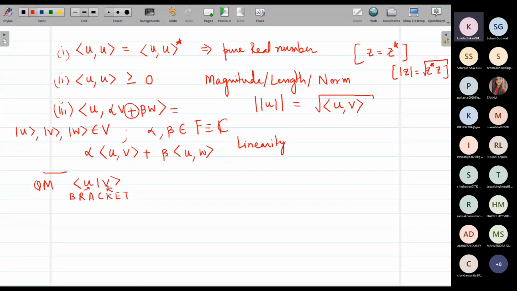The V part is called the ket vector and the left-hand side, the U part, is called the bra vector. I am not using it because then I would have to define the bra vector, and at present we are just defining the vectors and nothing as the dual of those vectors. So for me, I could have taken one notation like this.